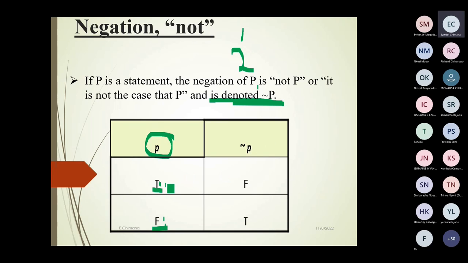Then from there, we'll be doing the negation operation. The negation of true is false. The negation of false is true. So this will be the truth table for the negation operation. Whenever you find the negation of true, you get false. When you find the negation of false, you get true, because you are flipping.